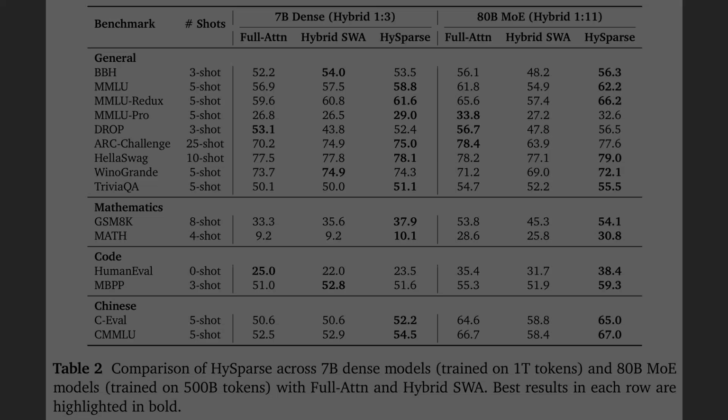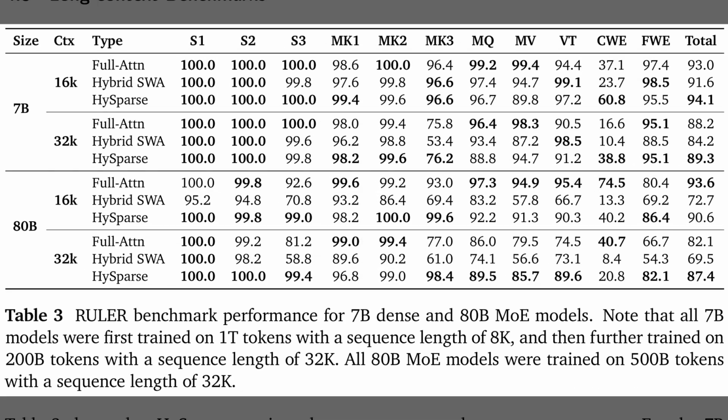Well, while general benchmarks are important, Table 3 specifically targets long context performance using the ruler benchmark. The top section shows that for the 7 billion parameter model, HySparse remains competitive with full attention at both 16K and 32K context lengths. But the bottom section reveals a dramatic difference for the 80 billion parameter mixture of experts.